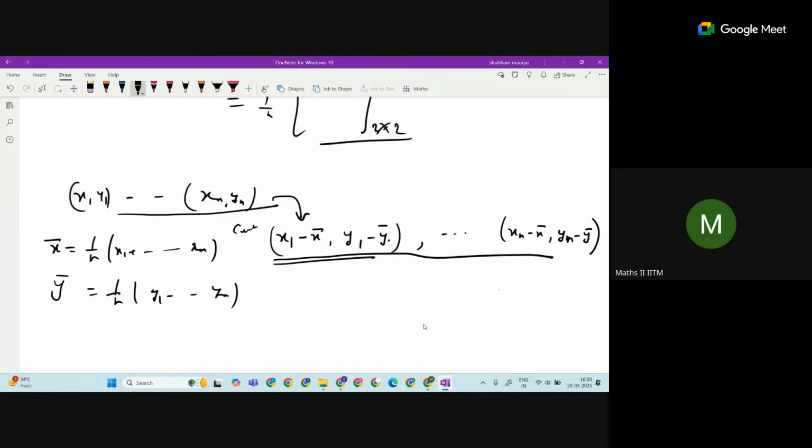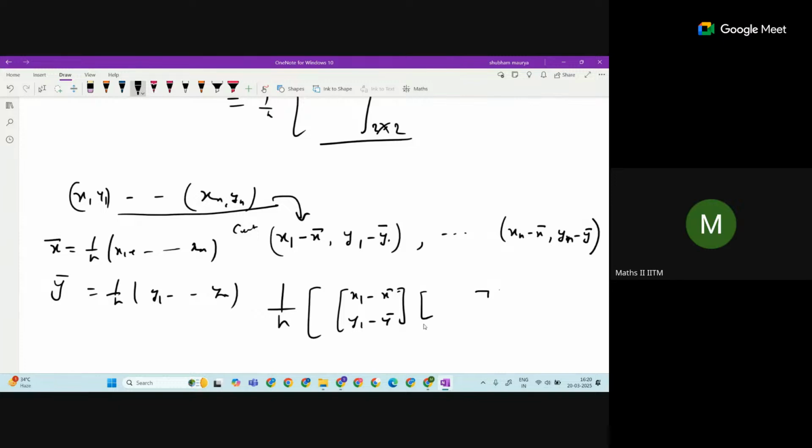Now 1 by n, or simply we can write x1 minus x mean, y1 minus y mean, and x1 minus x mean, y1 minus y mean.